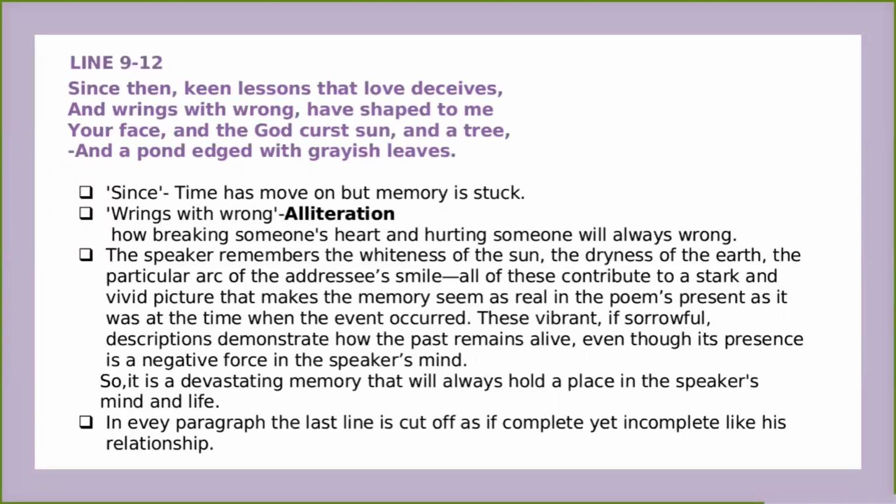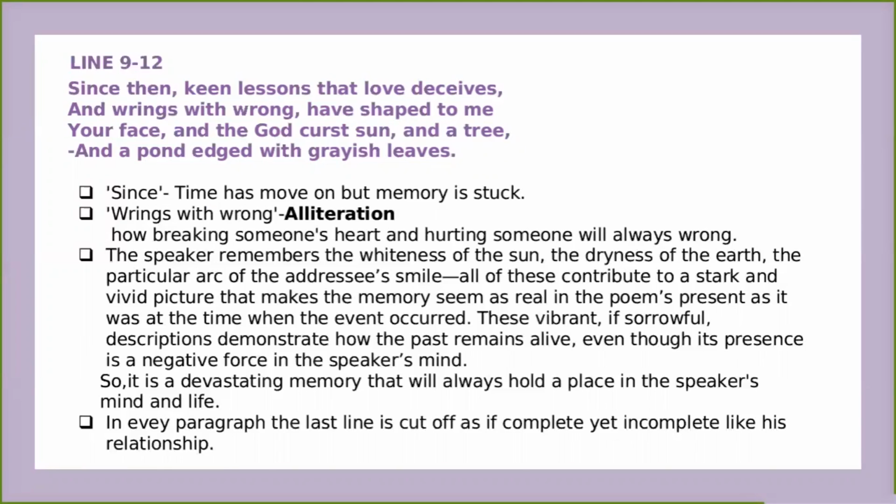"Wrings with wrong" is an alliteration showing that breaking someone's heart and hurting someone will always be wrong. And this ring can be seen as the ring that one wears on the finger, which shows that their relationship or so-called marriage was always a wrong thing that happened to him.